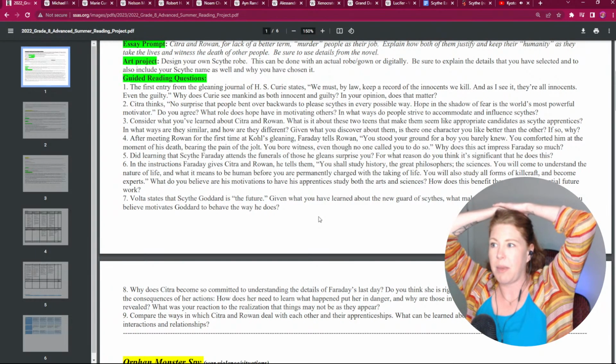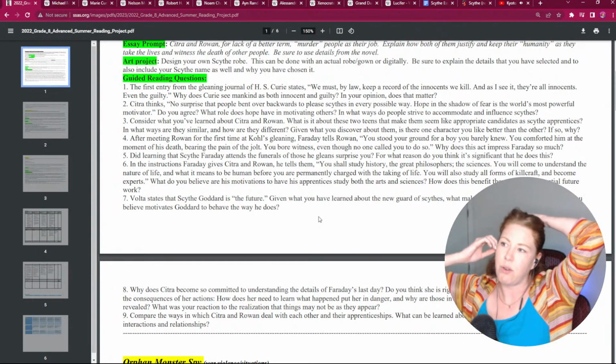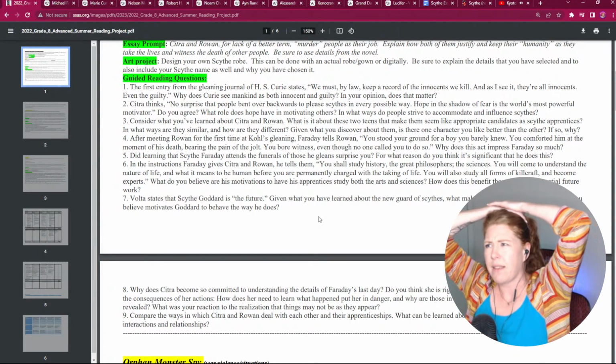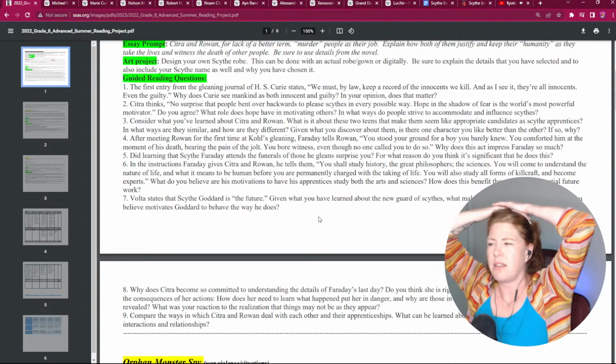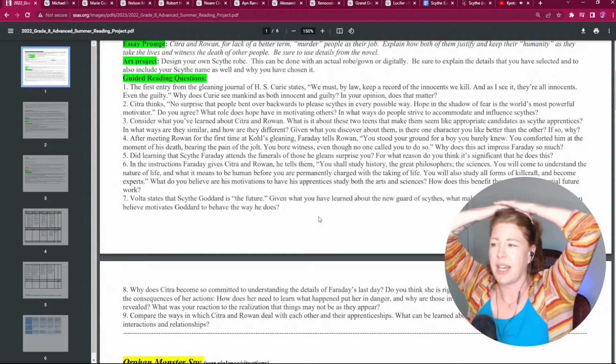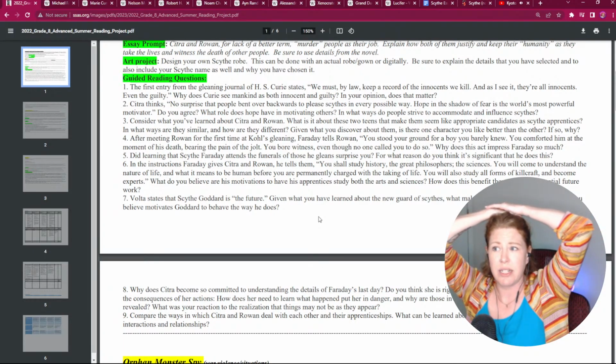So she probably sees them as innocent. And she's killing people who aren't Scythes, right? So they've never really killed anybody. But then she says, even the guilty. So why does she see mankind as guilty? I mean, guilty in a sense that they created the AI that has chosen to create Scythes.